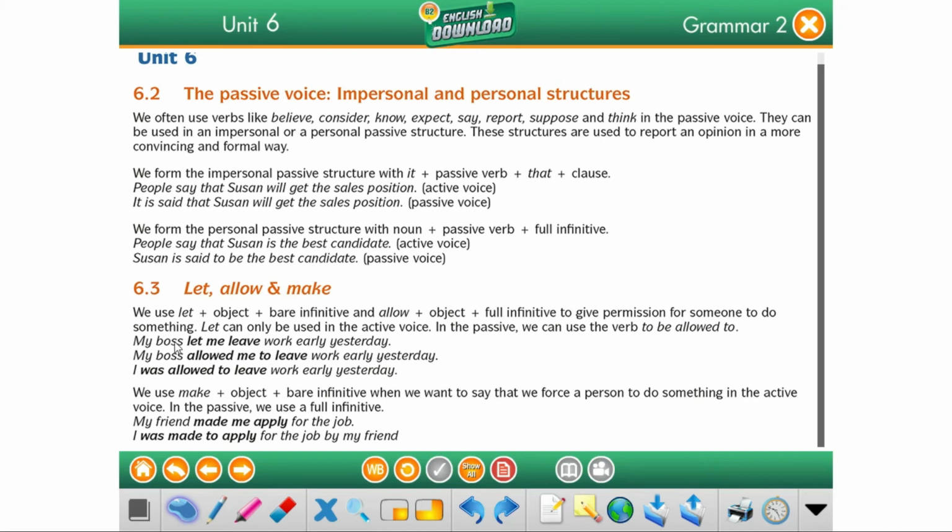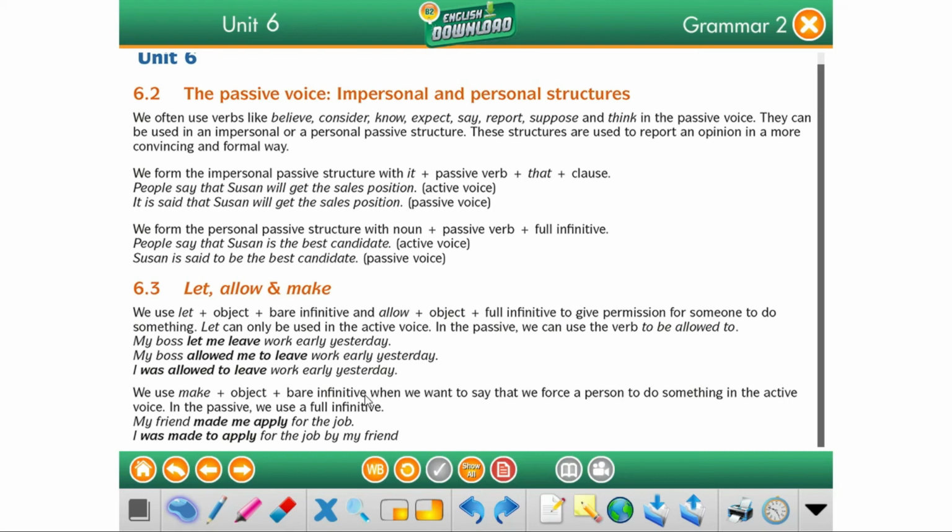We remember that when we change from active to passive, we have to use to be allowed to. So as this is in past because it says yesterday, we use the verb to be in past. I was allowed to leave work early yesterday.